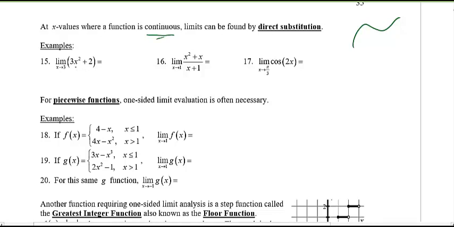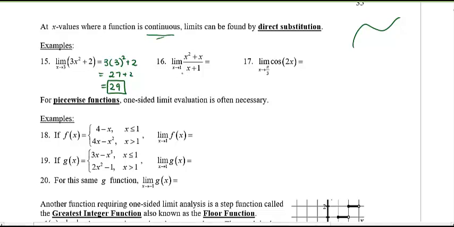So in this case, 3x squared plus 2, that's a parabola. We know it exists everywhere. There's no breaks. So really, if I want to find the limit, all I need to do is just plug in the value, 3 times 3 squared plus 2. That's 27 plus 2. Boom! The answer is 29. Okay? And the limit is also the same value as when x is equal to 3.